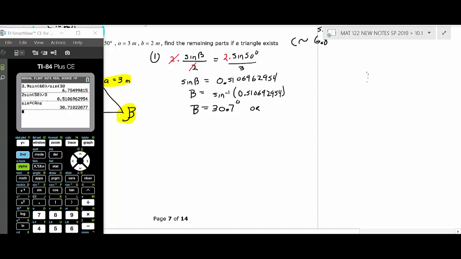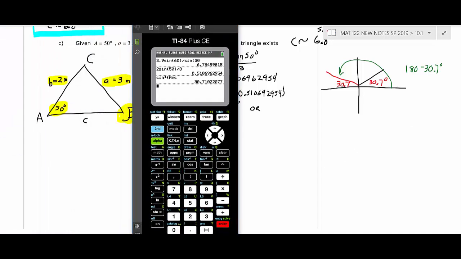This is what you've got to understand. This is giving you a quadrant 1 reference angle, 30.7 degrees. We also can get a reference angle over here, though. This quadrant 2 angle would end up being 180 minus 30.7, and that would give us another possibility.